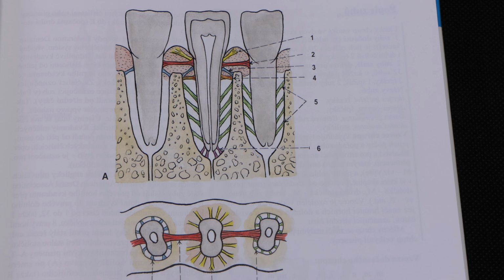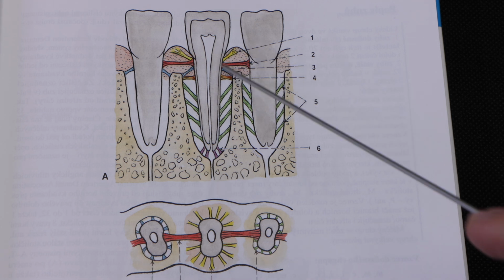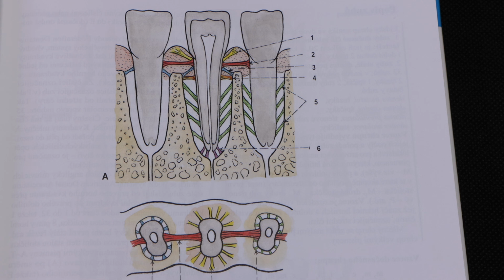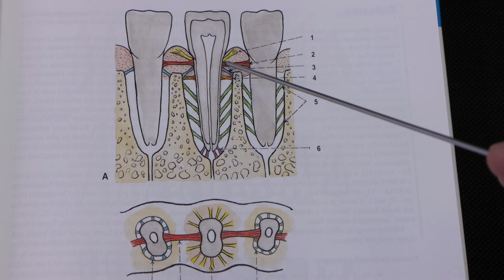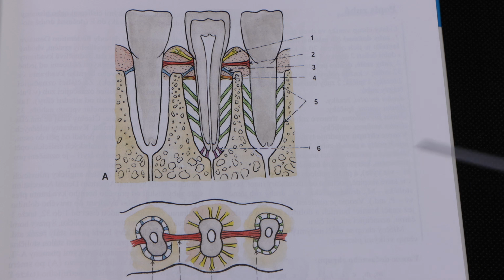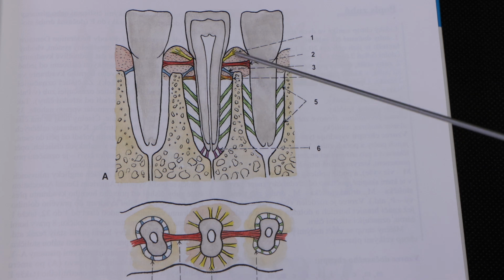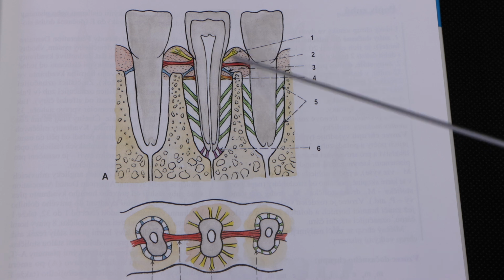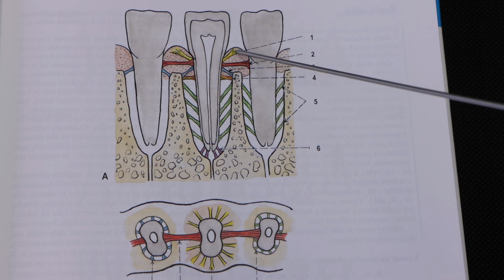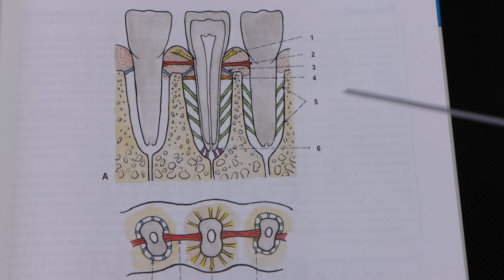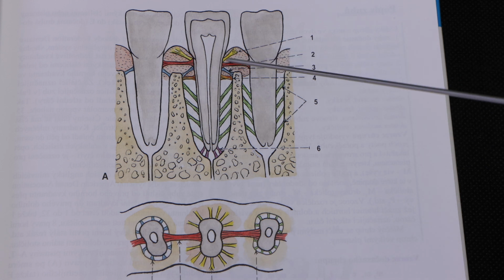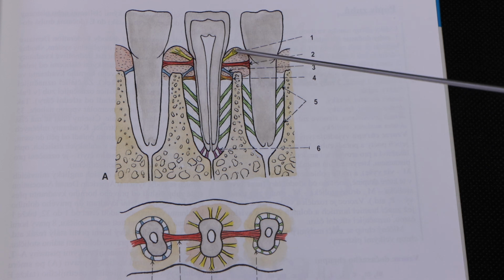Then we have the supraalveolar part of the periodontium, which connects the tooth, mainly the neck of the tooth, toward the neighboring structures. This yellowish ligament is called the circular ligament, which is the most common ligament and is connected to the gingiva.